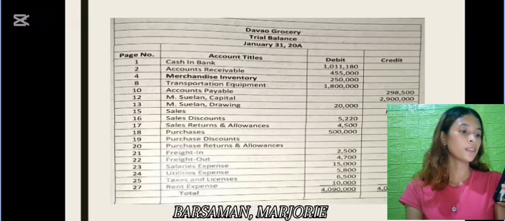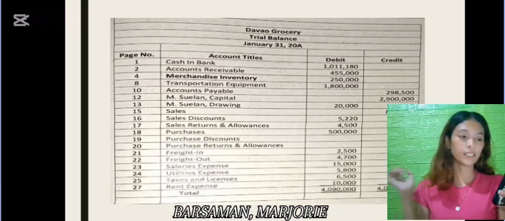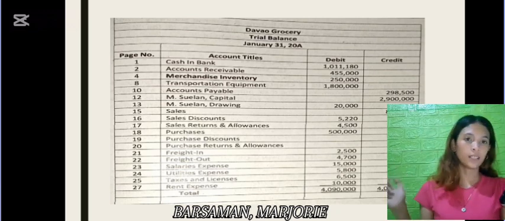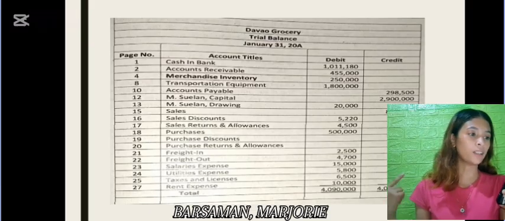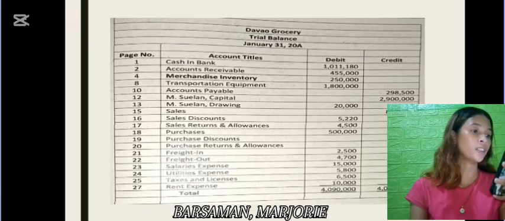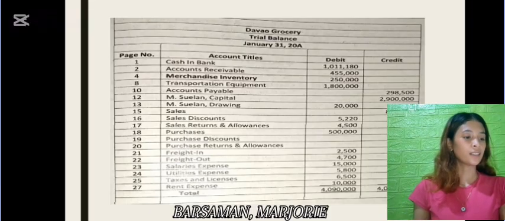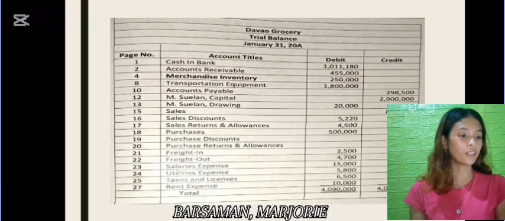The total debits and credits must be equal, and here they are equal, with a total of 4,900,000.